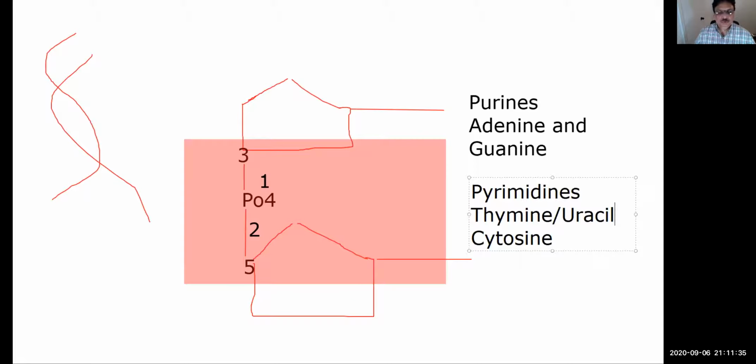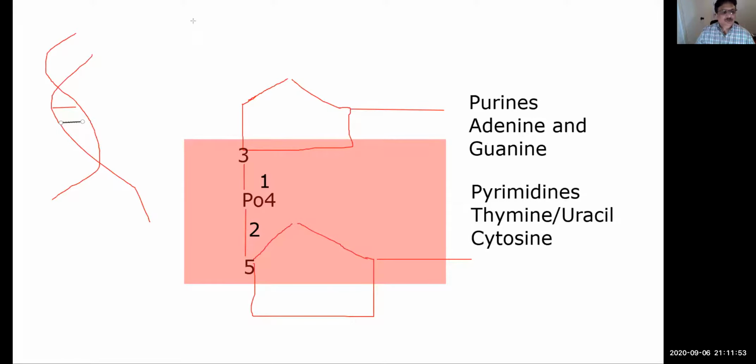So the backbone of the DNA is the phosphodiester bond. Now the question comes, how are the two strands of the double helix joined? They are connected by nitrogenous bases.